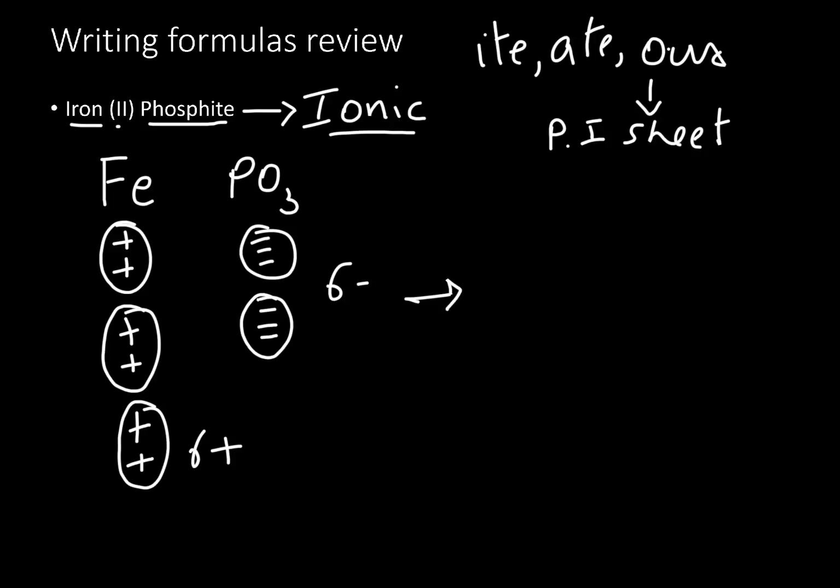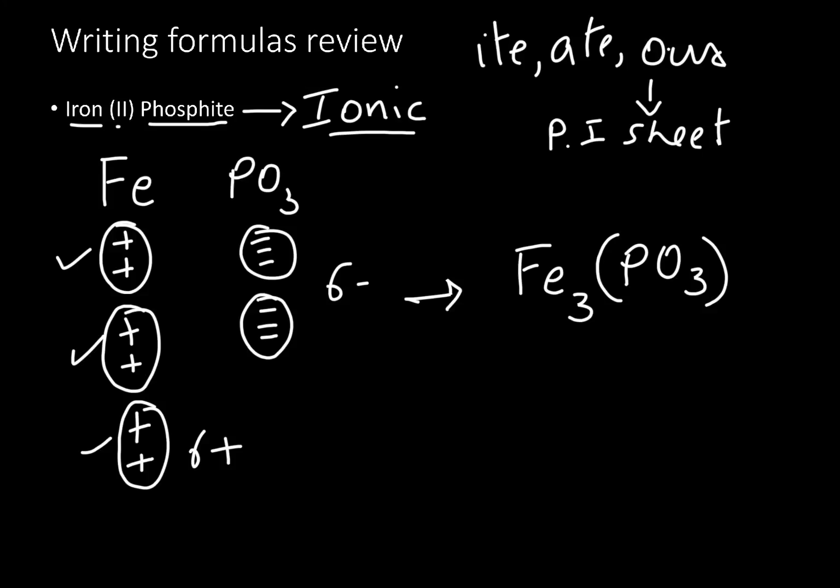The formula I would end up with is Fe3, because I have 3 atoms, and then I have to use parentheses because this is a polyatomic ion. Inside the parentheses I will write the formula of the polyatomic ion, PO3, and then because I have 2 of them, I will write the 2 at the bottom.